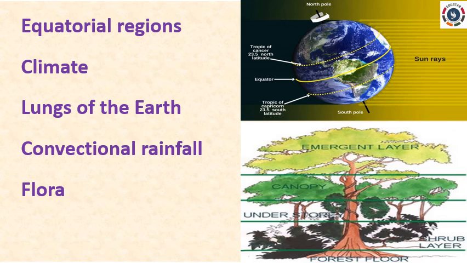In this layer, sunlight hardly reaches, and it has fallen leaves and fruits that decay very quickly. Mahogany, rosewood, ebony, cinchona and rubber are some examples of trees that grow in the equatorial forest.